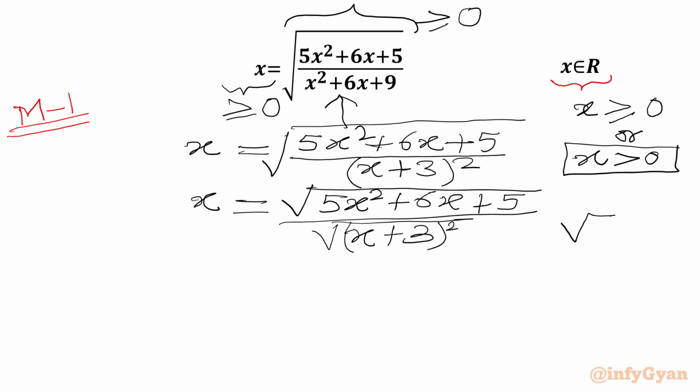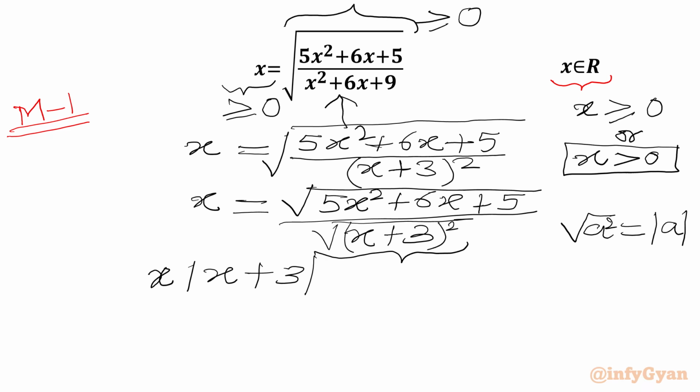Now we know that square root of a square is equal to mod of a. So here we can write mod of x plus 3, which we will take to the LHS by cross multiplying. So x times mod of x plus 3 equal to square root of 5x square plus 6x plus 5.